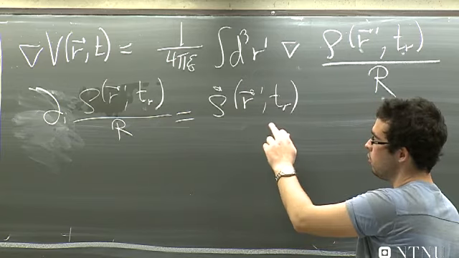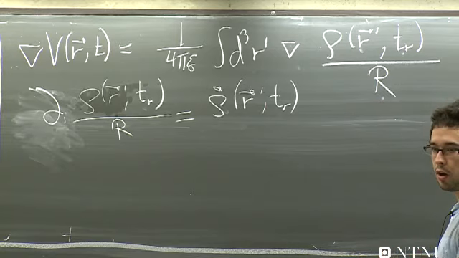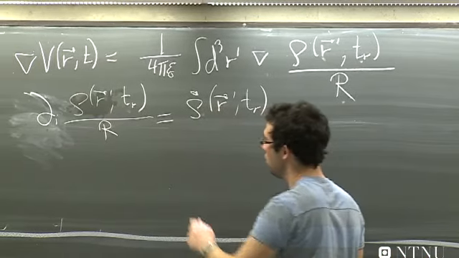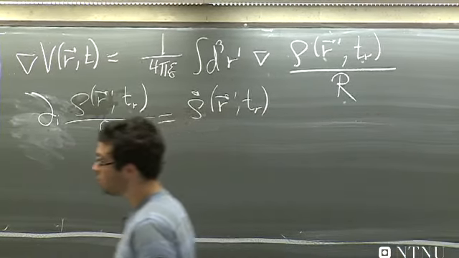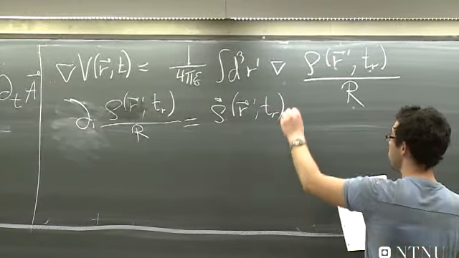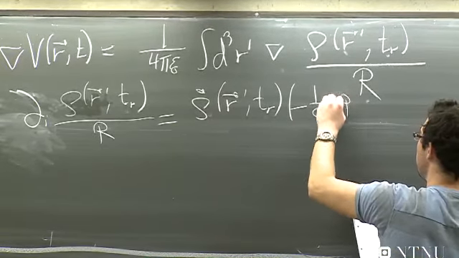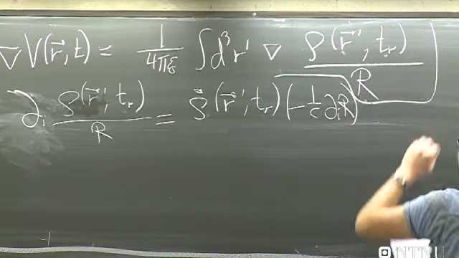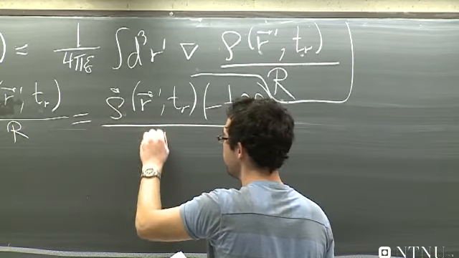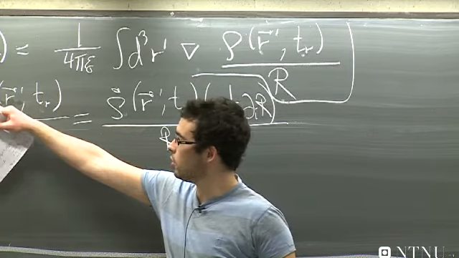First I take the derivative of this with respect to t_R, that's a dot, and I multiply by the chain rule term, which is d_i of t_R, which is simply minus 1 over c d_i R. Divided by R, that's the first term when I use the product rule.